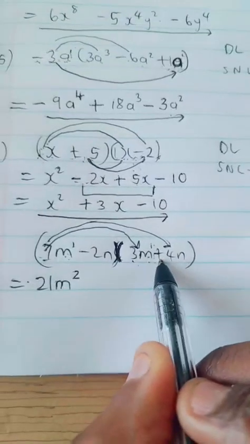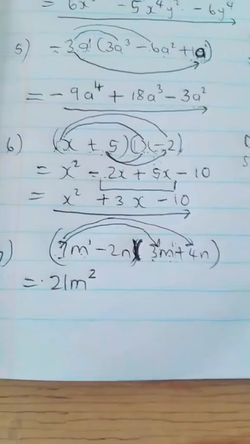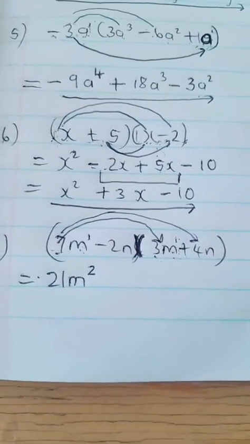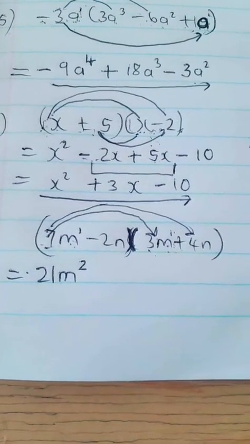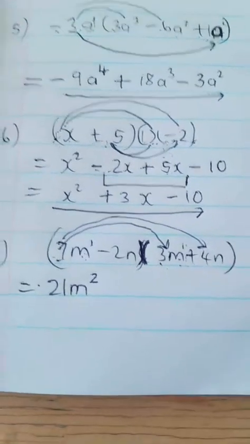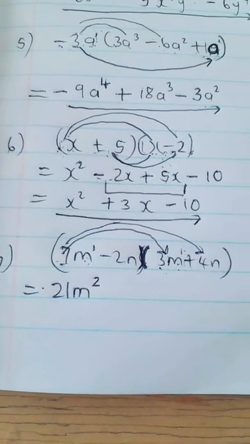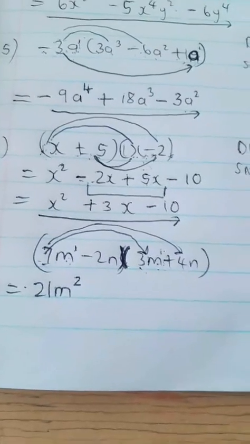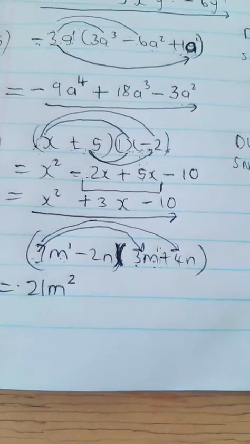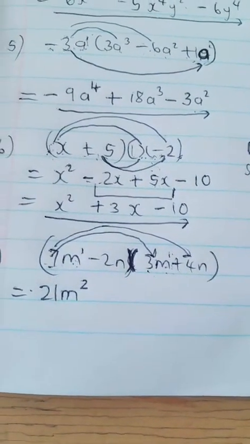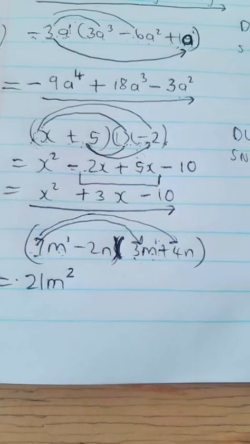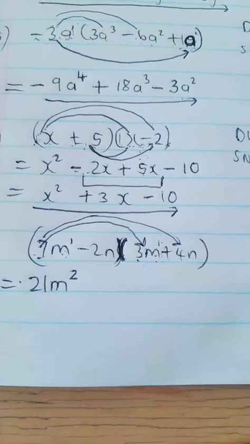7m times positive 4n. Sign, number, letter. What will be the term? 7m times positive 4n. Pinzo says 28mn.